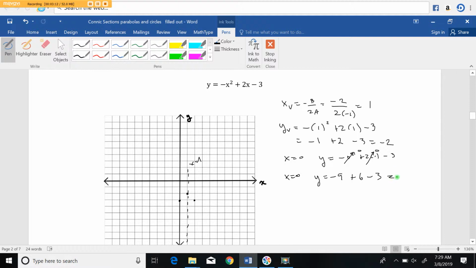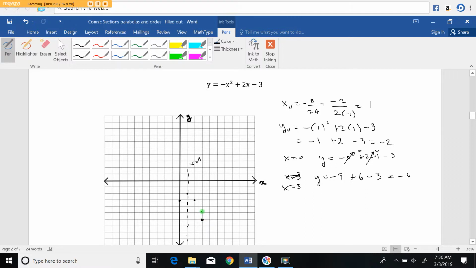And that comes out to be negative 6. So if x were 3, y is equal to minus 6. So 1, 2, 3, then minus 6, 1, 2, 3, 4, 5, 6.